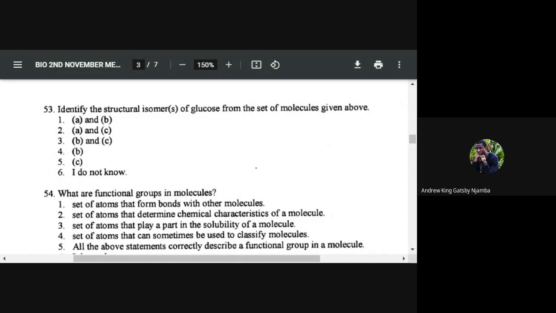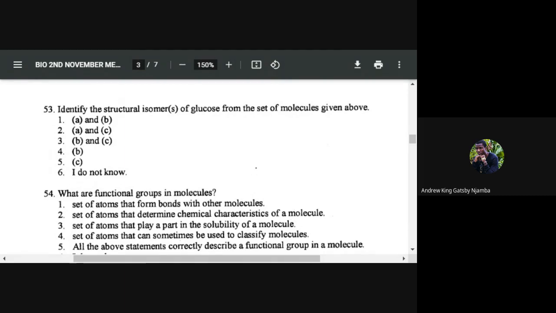Like for mannose, the difference is on carbon number 2. Then for galactose it is on carbon number 4. Yeah, more of in space. So the optical isomers are also stereoisomers, something like that.